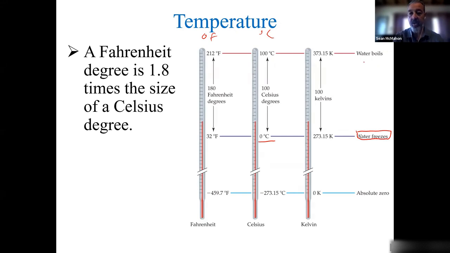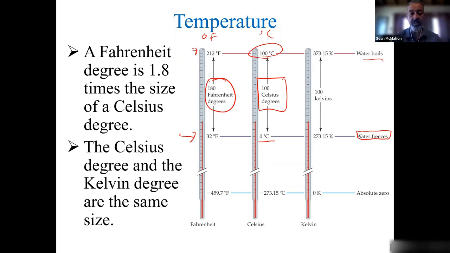For it to boil, I need to go to 100 degrees Celsius. So on the Celsius scale, that's a difference of 100 degrees. Now, we use Fahrenheit. The freezing point's 32 degrees Fahrenheit, but to boil it, it goes all the way up to 212. So that's a difference of 180. So there's a ratio of 180 to 100. So that means a Fahrenheit degree is 1.8 times the size of a Celsius.